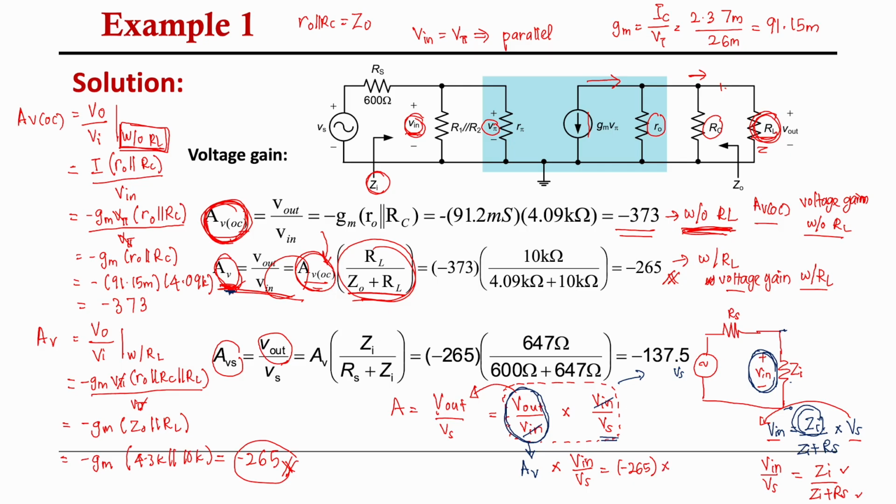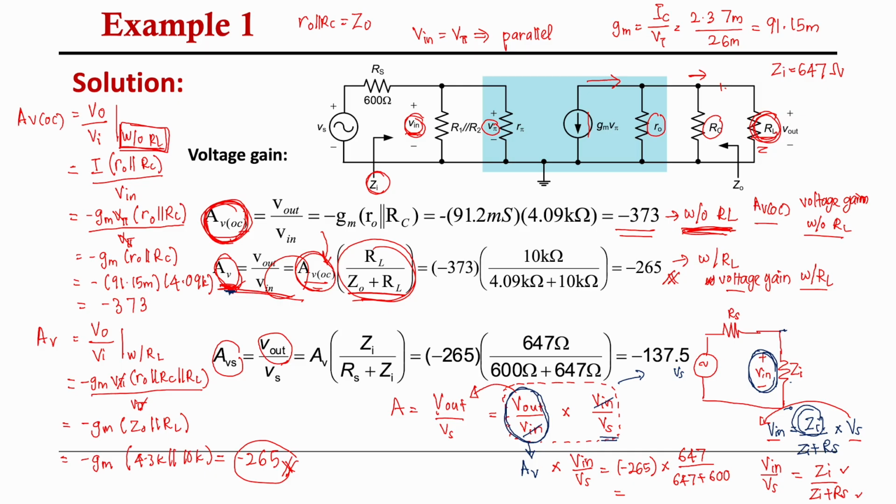Multiply with the value of V in over Vs. We calculated the Z impedance earlier to be 647 ohm, so 647 over 647 plus, what is the value of Rs? Rs is given as 600.